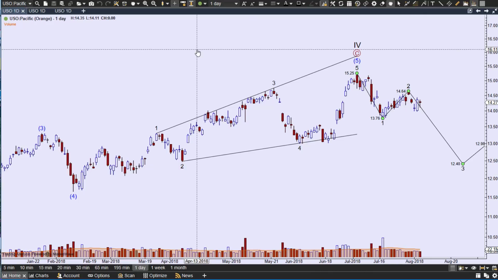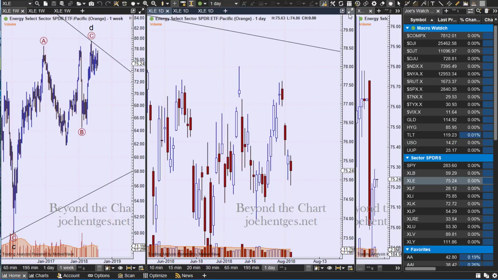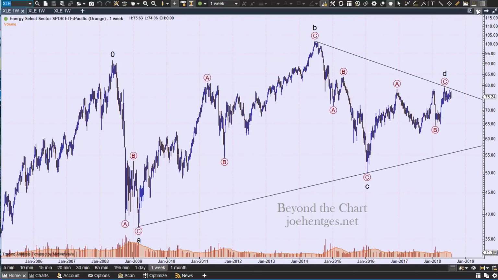All right, so given that we've got that going on, let's take a look at XLE. XLE was the weakest of the ETFs this last week. It was the weakest performer. And actually, let me go to the weekly chart. So here's the big picture on XLE. Here's the 2008 high, and here's the low.